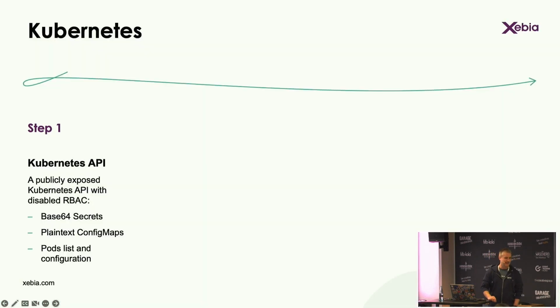Kubernetes. I noticed like 2 years ago that every week there are like 100 or 200 new IPs with Kubernetes API with no security on it, no role-based access control, nothing there, and like 100 every week.